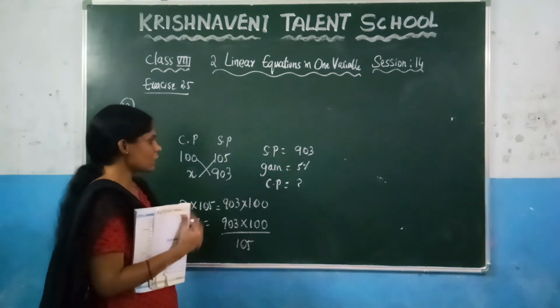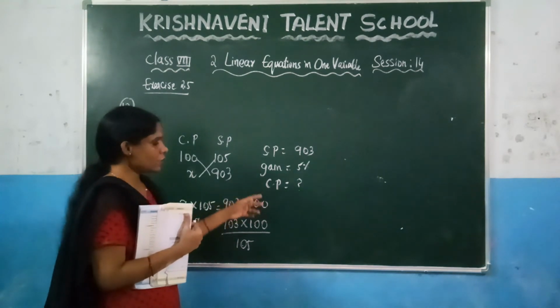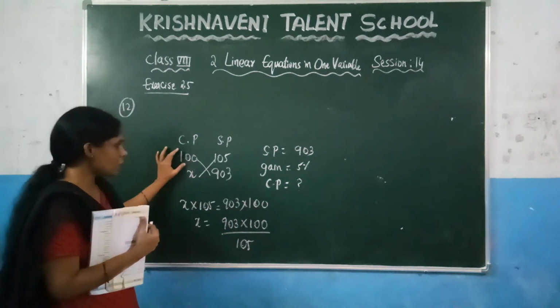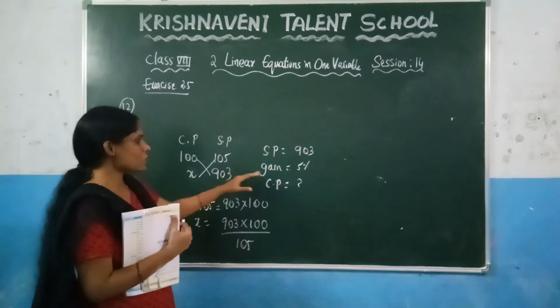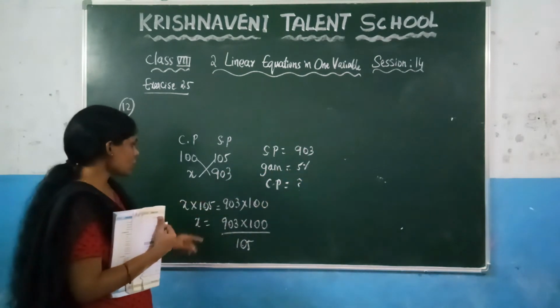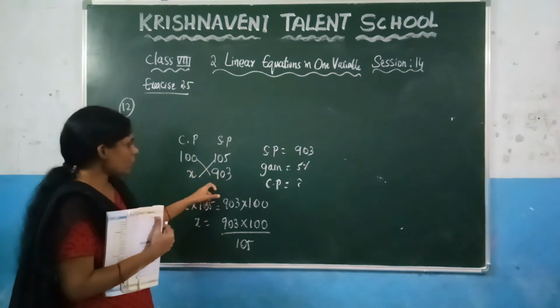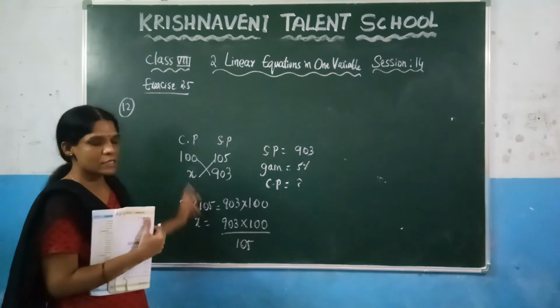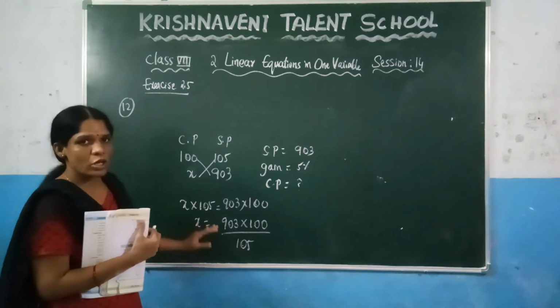They have given the selling price and the gain, and you need to find the cost price. Let us consider the cost price as 100. Then the selling price will be 105, because the gain given is 5. Similarly, if the selling price is 903, what will be the cost price? Just do the cross multiplication so that you will get the cost price of the radio.